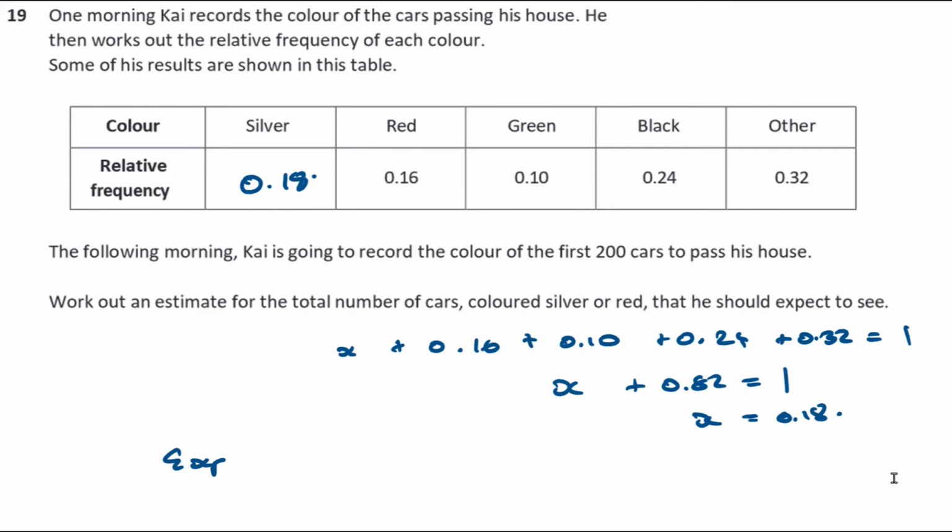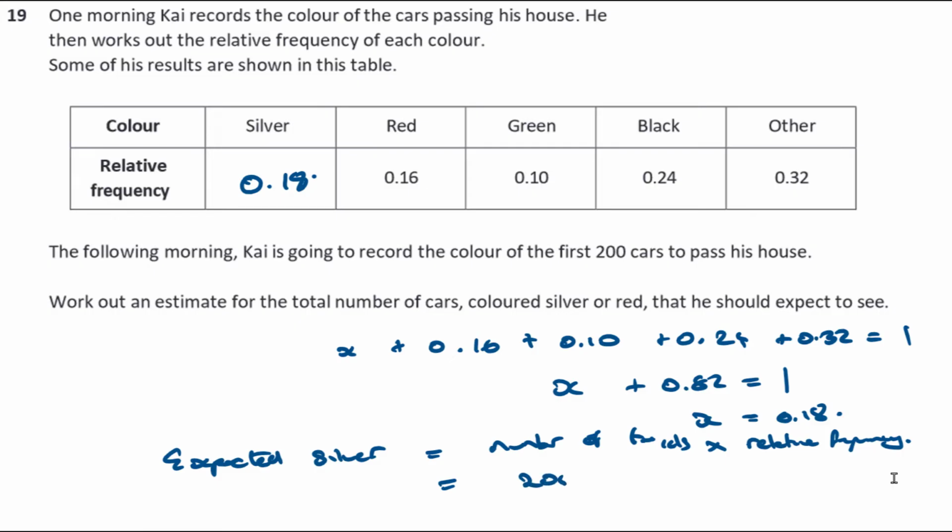Okay, once I know that, then it's very easy to work out expected silver. It's just simply number of trials multiplied by relative frequency. So there are 200 trials altogether, 200 cars passing the house, and the relative frequency 0.18.